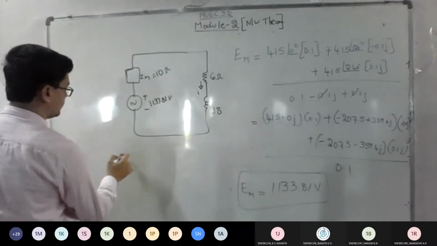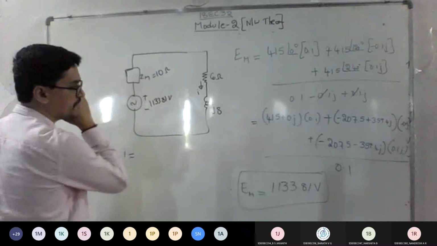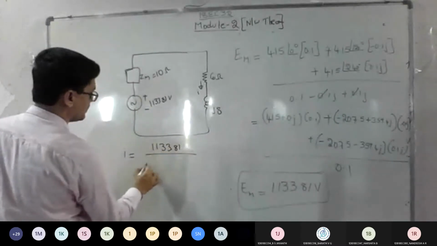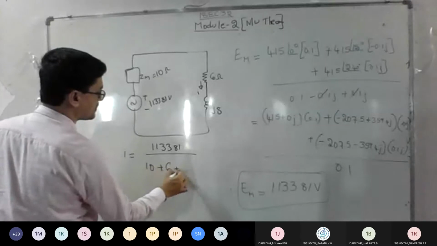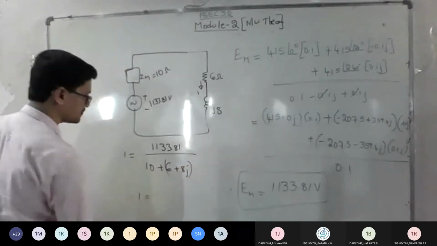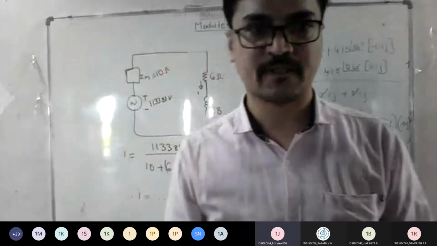Now apply the logic of current. I need to find I. So I equals V, where VM is 1133.81, divided by 10 plus 6 plus 8j. Just write the formula in terms of current.